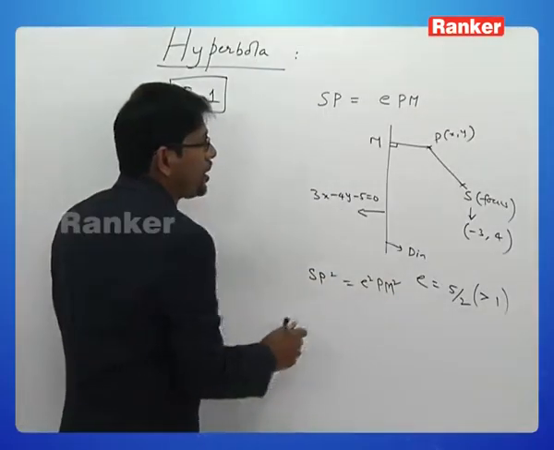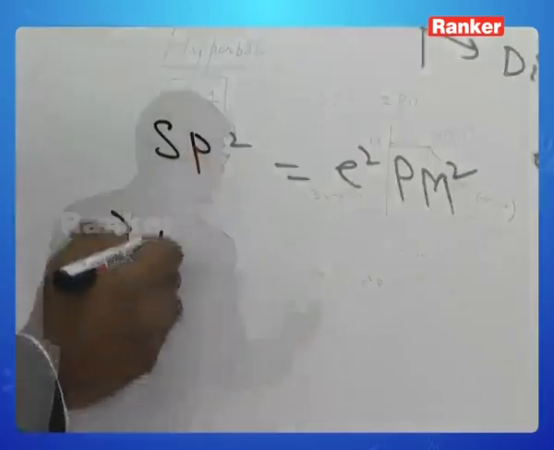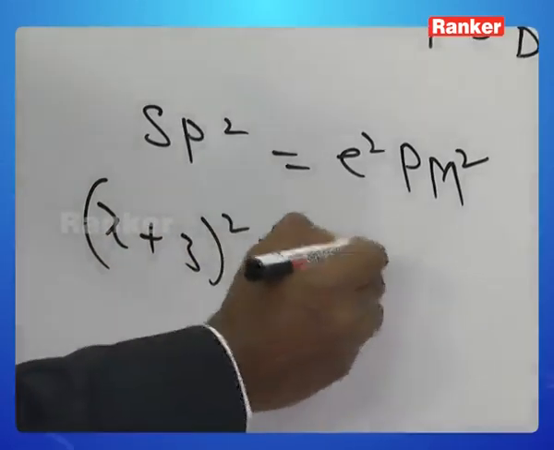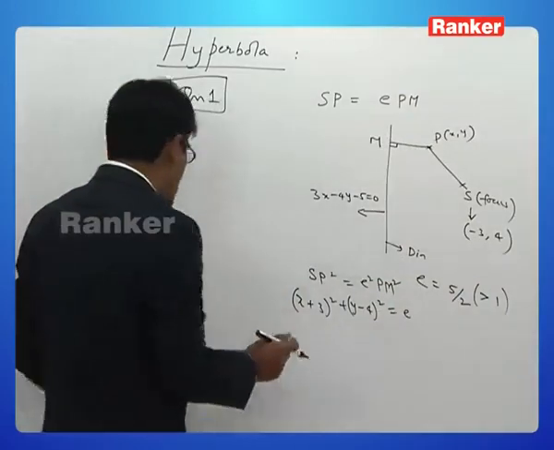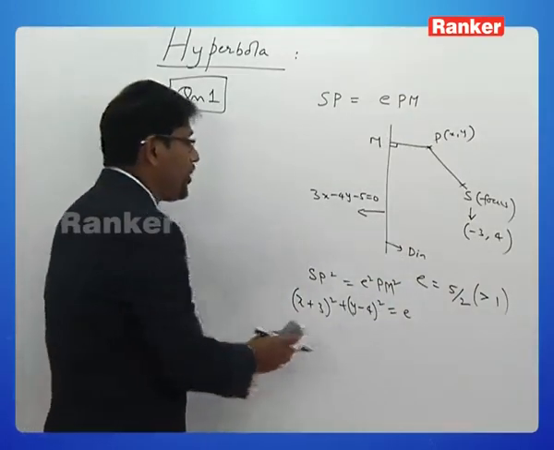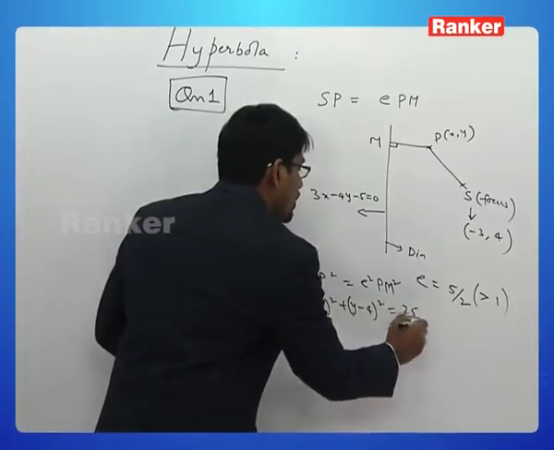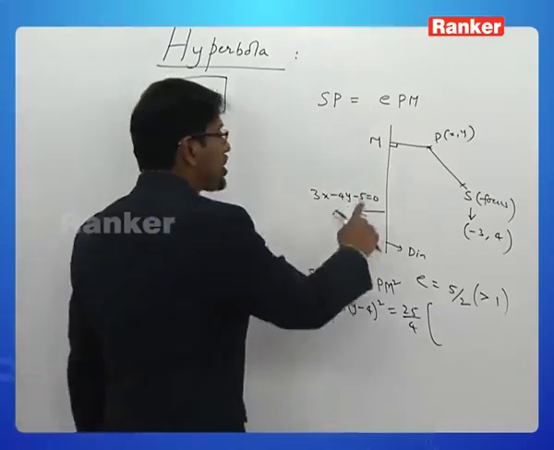What is SP squared? Let's use the distance formula. x minus of minus 3, that is x plus 3 the whole square, plus y minus 4 whole square is equal to E square. Instead of E square we can have 25 by 4 into the perpendicular distance from x comma y to this line.